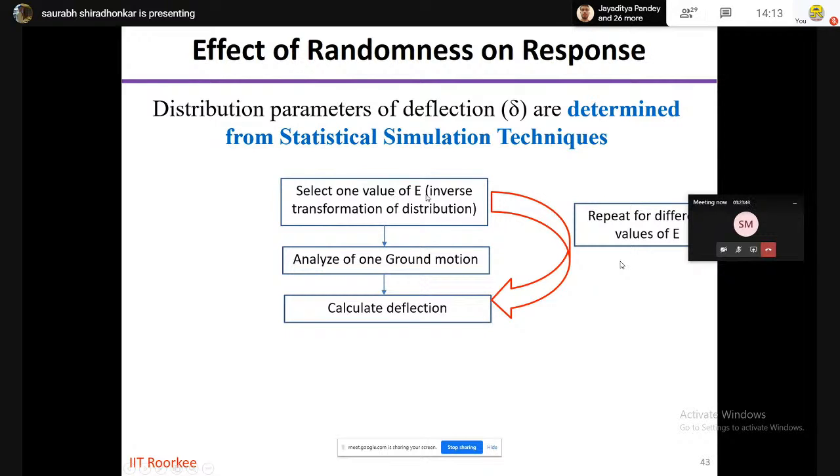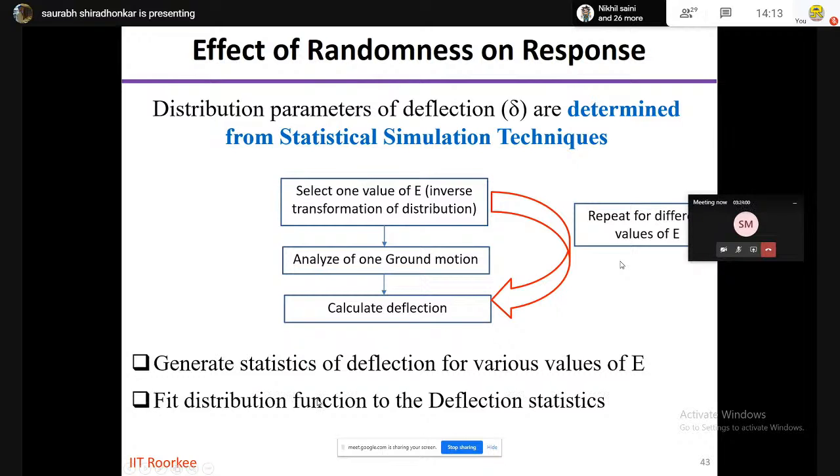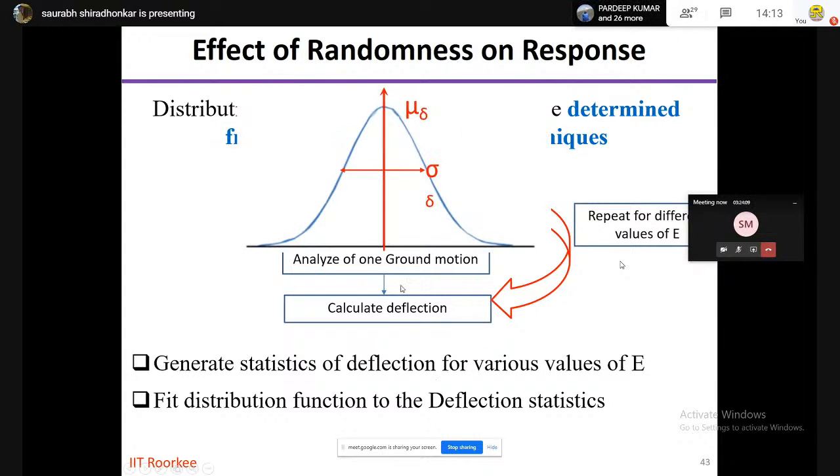We do it for various possible values of E, and then we obtain the statistics of this deflection. Once we have large statistics of deflection for various values of E, we plot them, which is called distribution fitting, to obtain the statistics of the deflection.